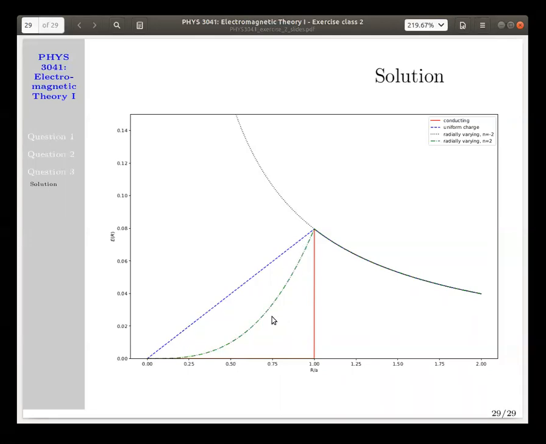The next one is the one with n equal to 2, and the last one is the conducting sphere, which has 0 electric field inside the sphere. But outside the sphere, all of the distributions will give exactly the same electric field, no matter how the charge distributes on that charged sphere.